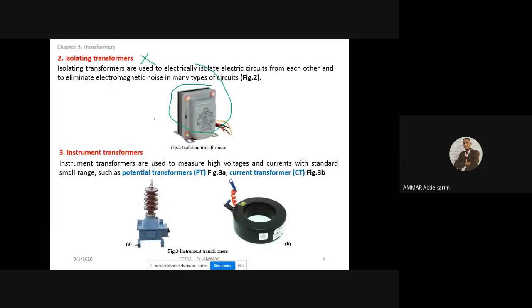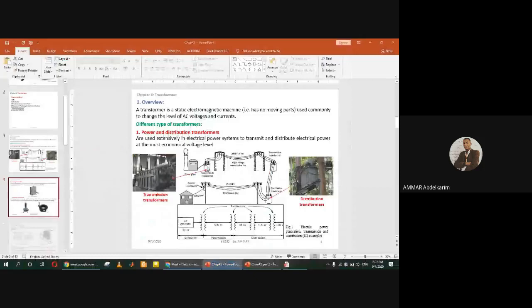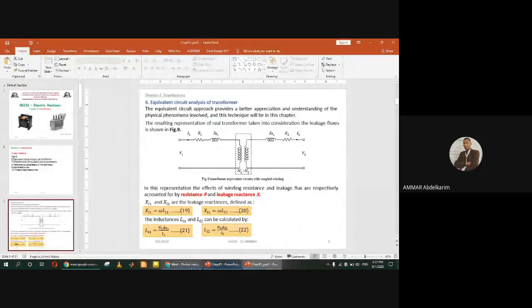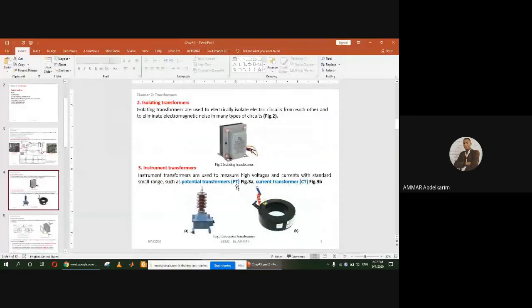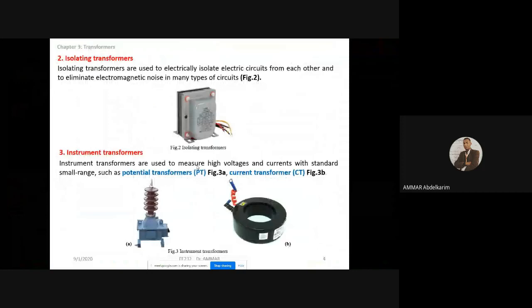They don't increase or decrease the level of the voltage or the current. Their input is equal to the output, but we use them to provide that physical separation between the circuit elements.